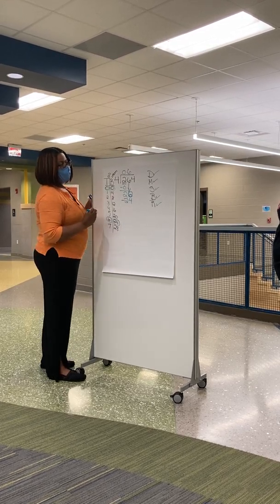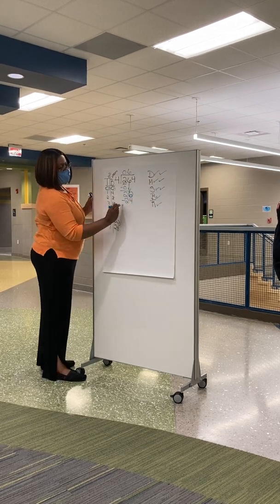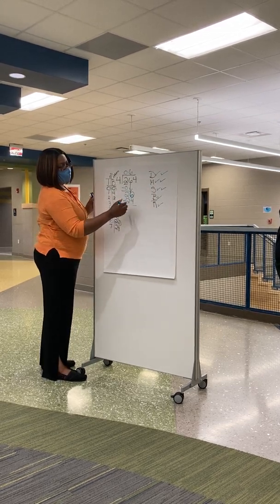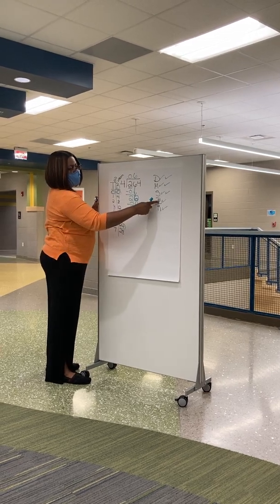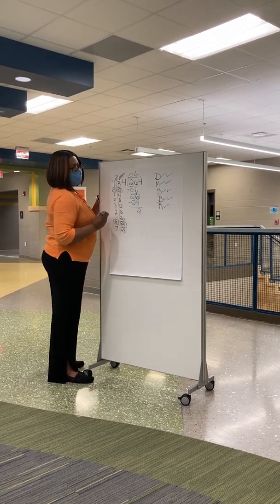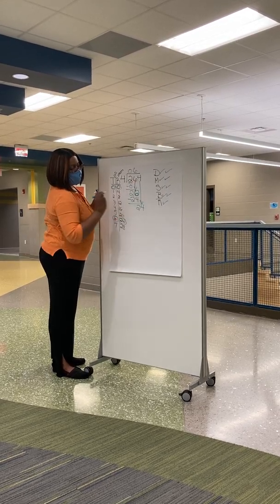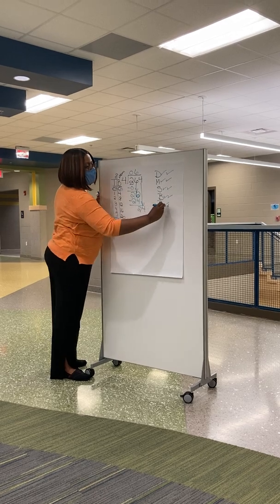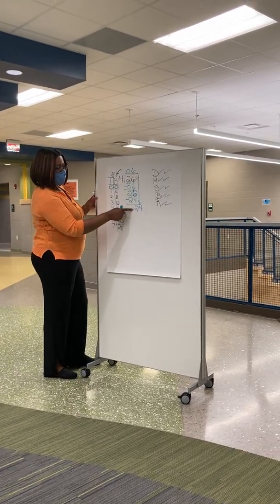Now I'm going to subtract. So I've divided, I've multiplied, and then I'm going to subtract. 6 minus 4 is 2. Now I'm going to bring down my last digit, which is 4. So I'm going to repeat the process again. I'm looking for 24.